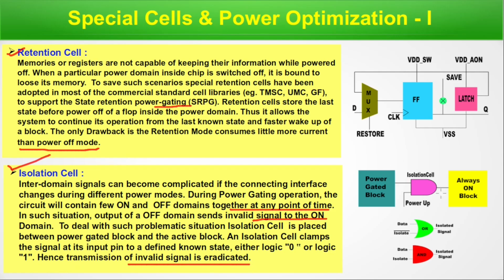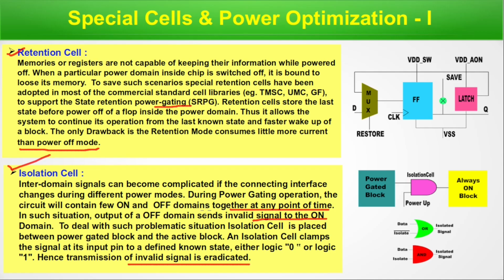So, power gated block and always on block, there is an isolation cell. Why? Because inter-domain signals can become complicated when a signal travels from one domain to another domain, and some complication arises if the connecting interface changes during different power modes. During power gating operation, the circuit will contain a few on and off domains. Some domains are on and some domains are off together at any point of time.